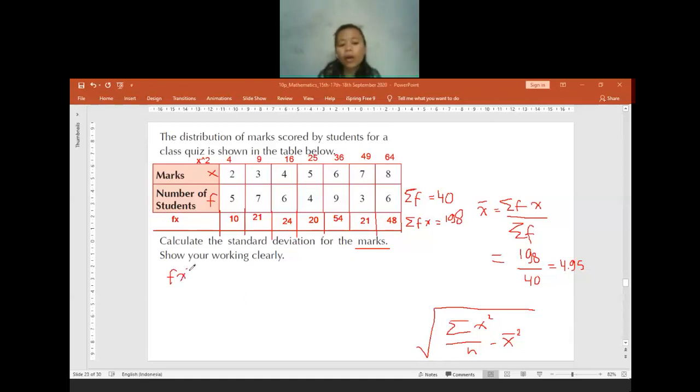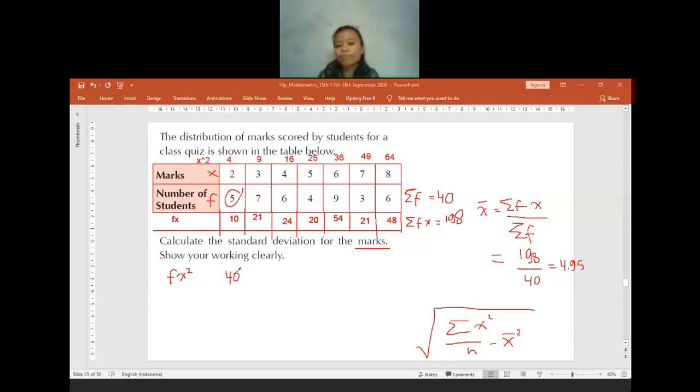The frequency is 5 students who have a value of 2, and the x square is 4. So we will have 5 values when the x square is equal to 4. That's why for the fx square in the first column, I will write it as 40.